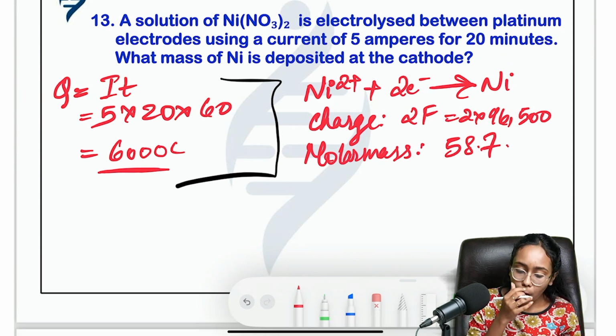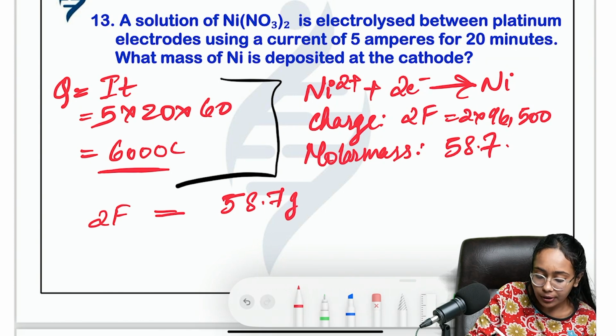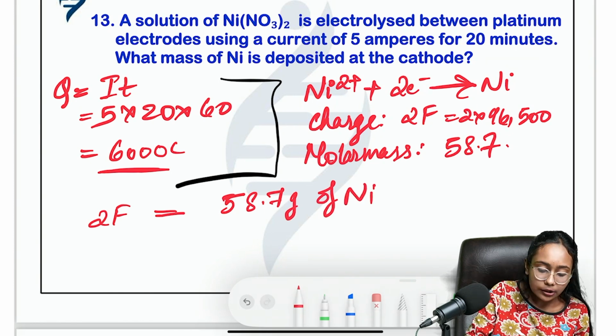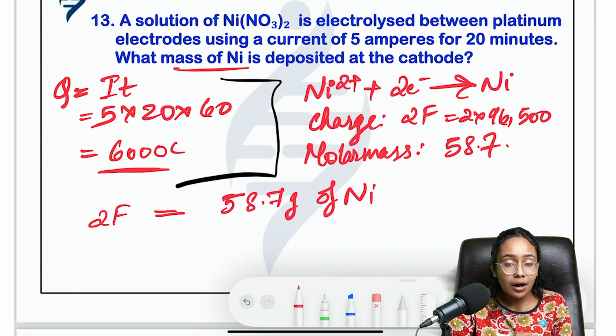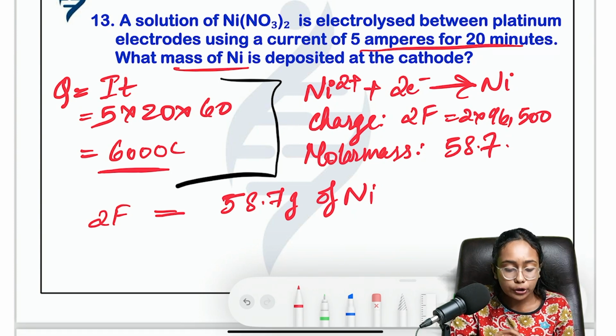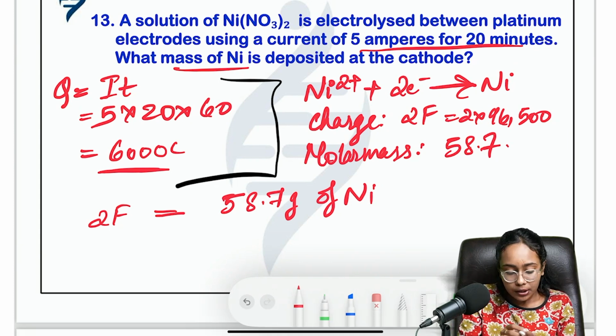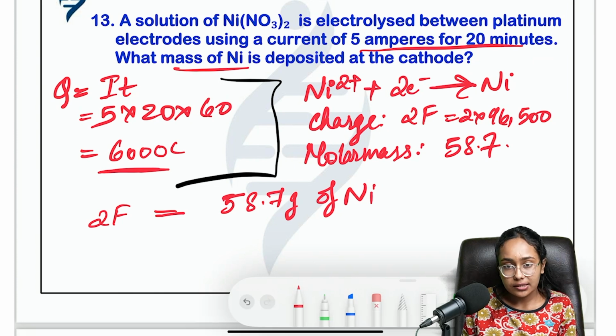So for 2 farad of charge, I require 58.7 gram of nickel, right? The question is, you're being asked to find out the mass of nickel deposited when 5 amperes current is flowing through platinum electrodes for 20 minutes. So when 2 farad charge is there, 58.7 gram of nickel is deposited.